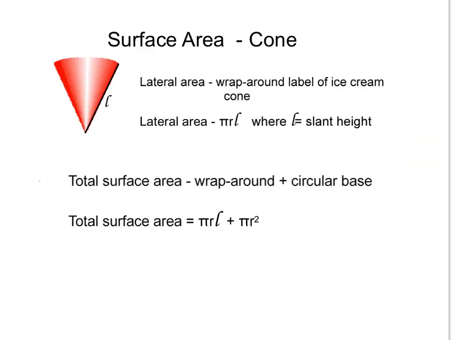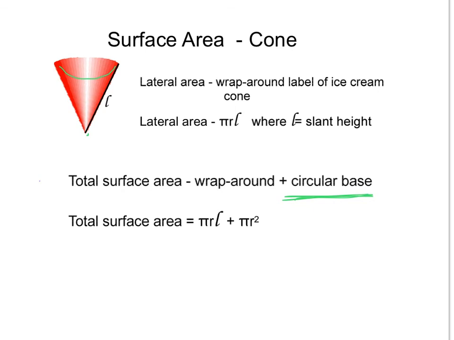Okay, let's talk about the surface area of a cone now. Again, a cone has a circular base. So we got a circular base here. So I'll kind of draw that in here in green. A circular base that comes to a point down here. So we have a surface area of the circular base.